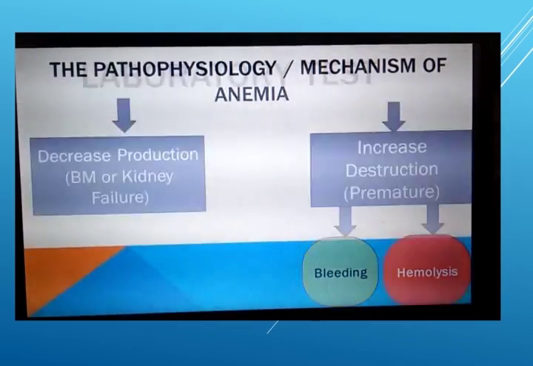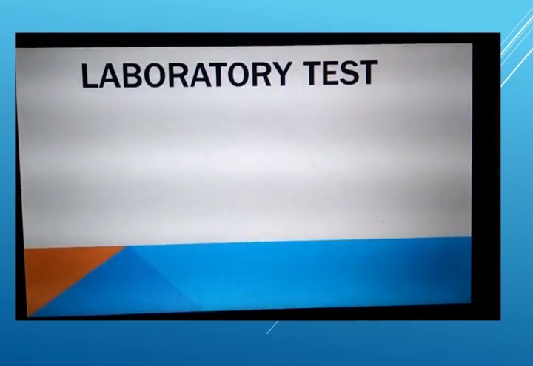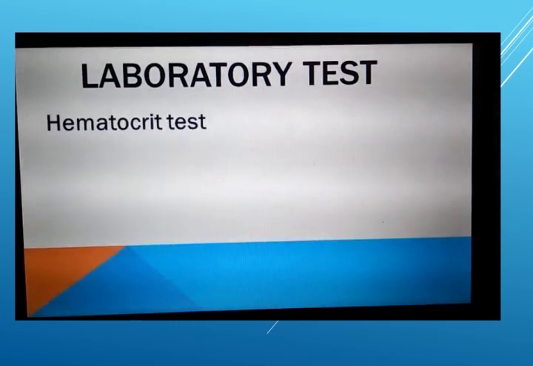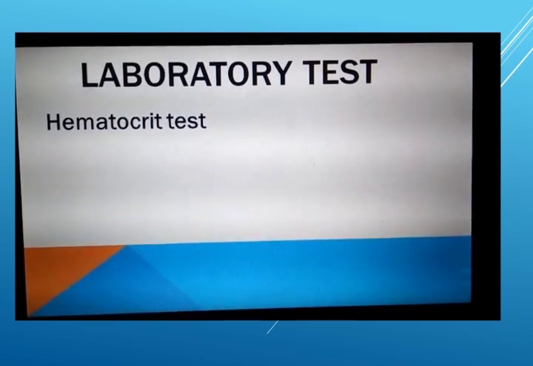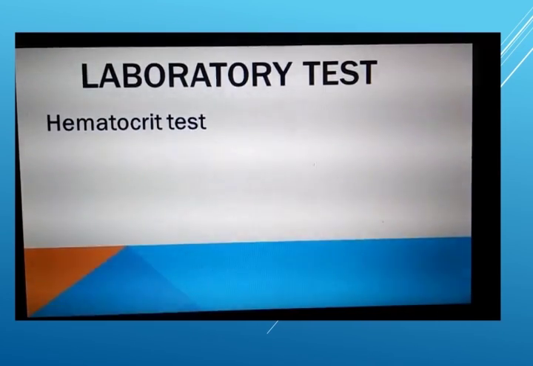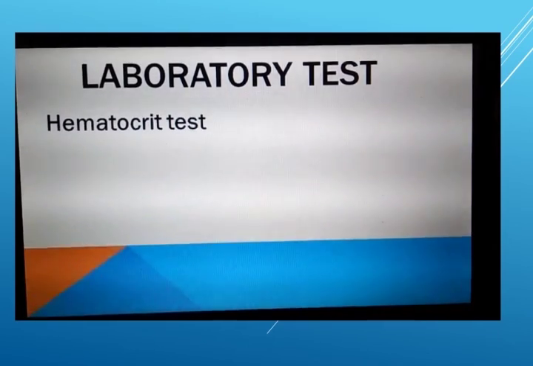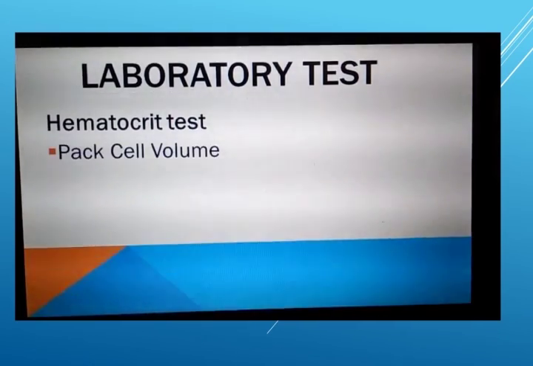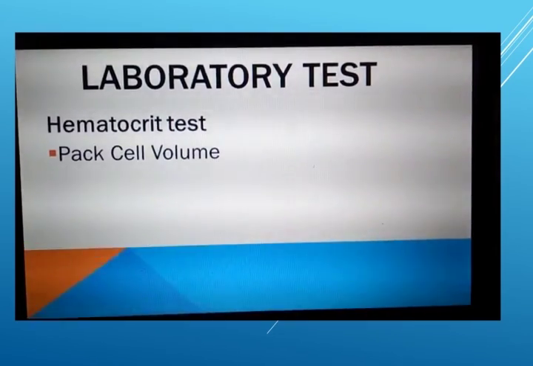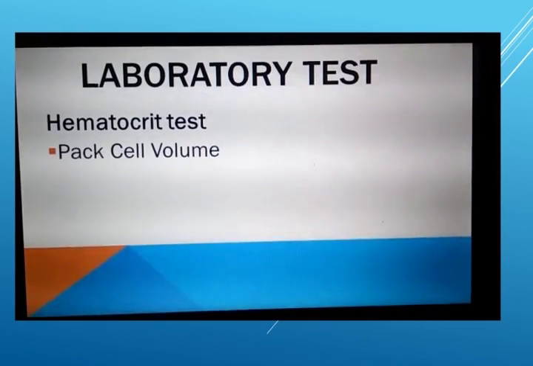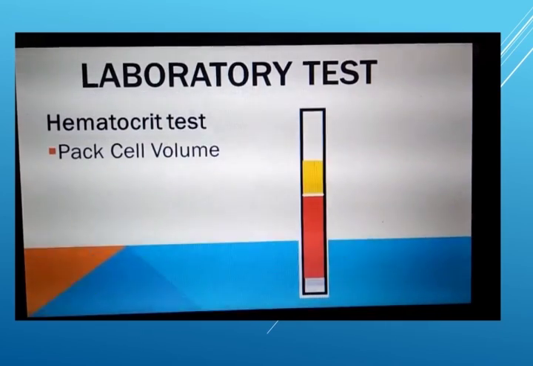Now, for the laboratory test to determine anemia. First, commonly is the hematocrit test. Hematocrit test is used to check the packed cell volume of a patient through a micro hematocrit tube.